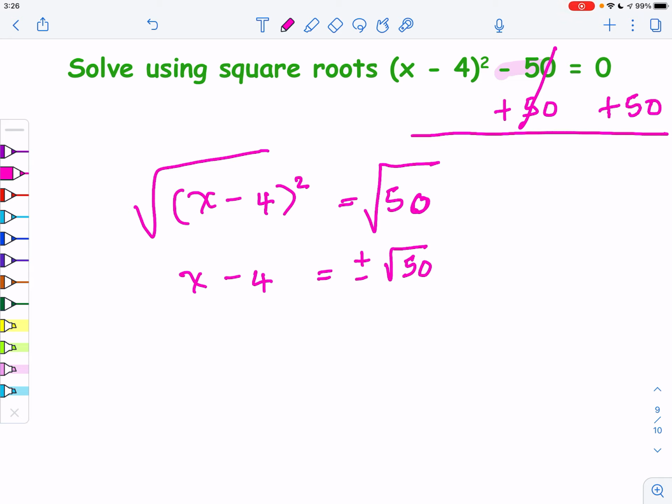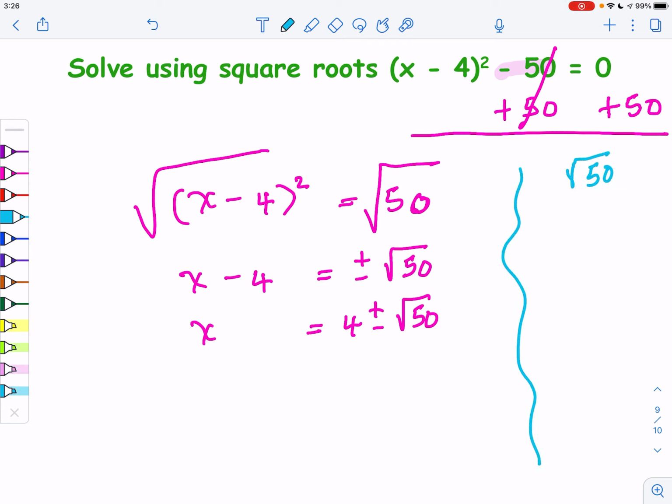Okay, so square root 50, 50 is not a perfect square, but you can simplify it further. So we're going to first write it as x equals, you're going to add 4 plus or minus square root 50. Now let's simplify square root 50, break it down. Square root 50 has a factor which is a perfect square, one or more.